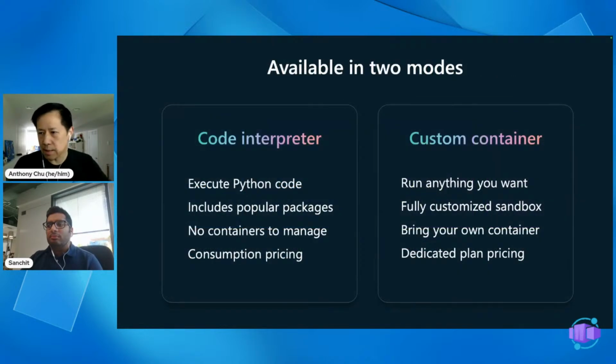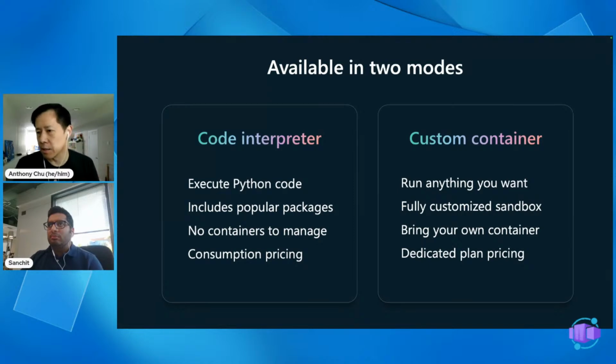All right, so last slide, and then I'll jump into demos. Sessions comes in a couple of different modes. We see a lot of scenarios that require a code interpreter, so we ship an out-of-the-box, built-in code interpreter for you to run Python code.